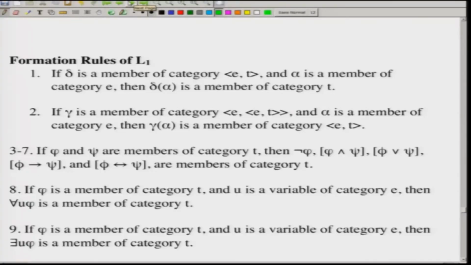If delta is a member of category E to T, which is a 1 plus predicate, and alpha is a member of the category E, then delta alpha is a member of the category T, which means that when something belonging to E to T, roughly speaking, takes something that belongs to E, it gives a T. So, the second element comes out.